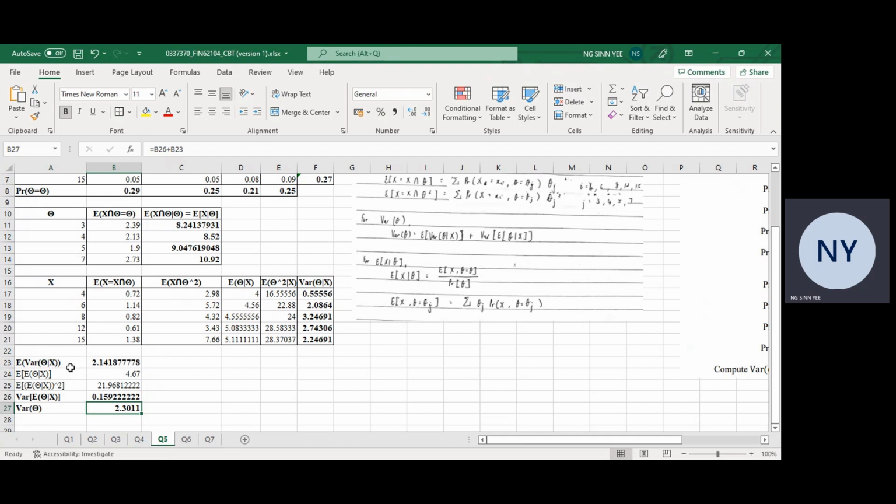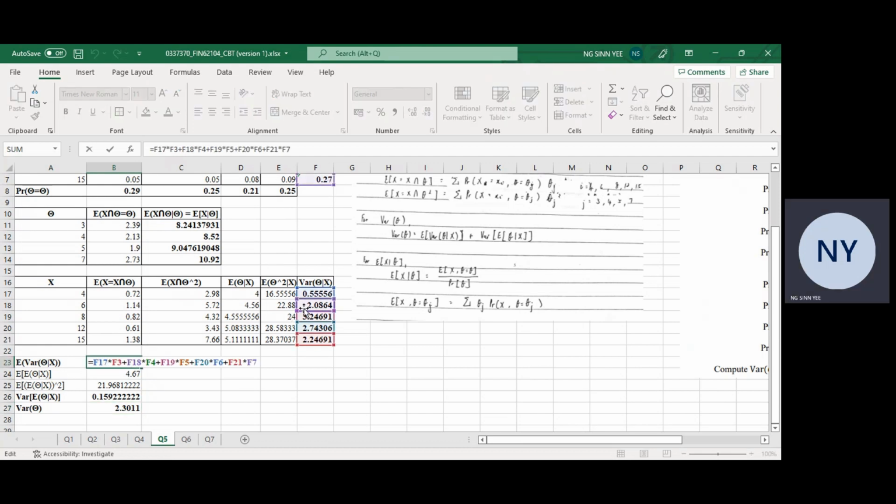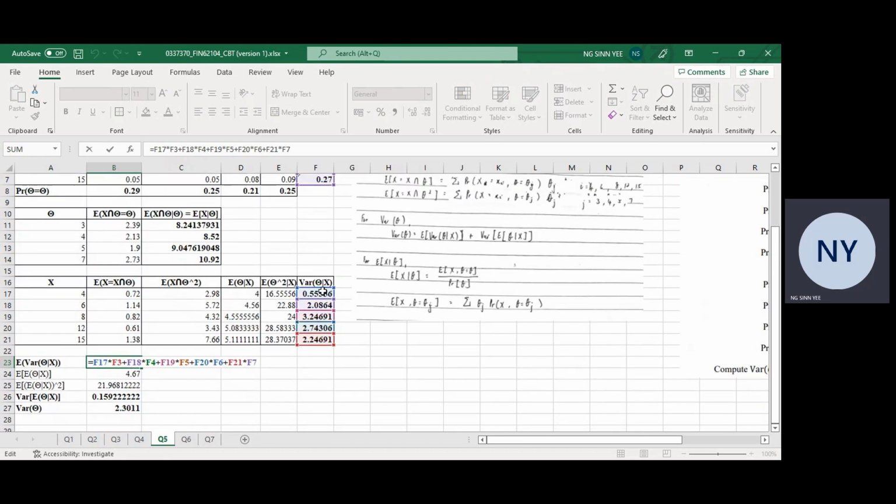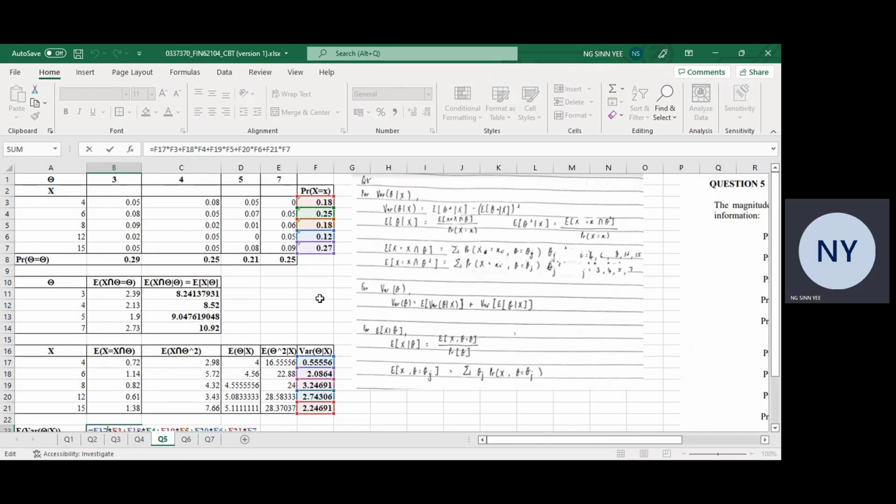For the expected value of the variance of data conditional on X, we just need to times the variance of data if given X with the probability of X equals to X, and we will be able to get the expected value. Actually, it's the same formula as the normal expected value, just that it is on variance, so it's just the same formula.